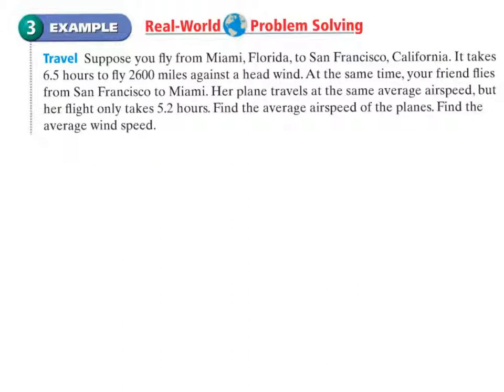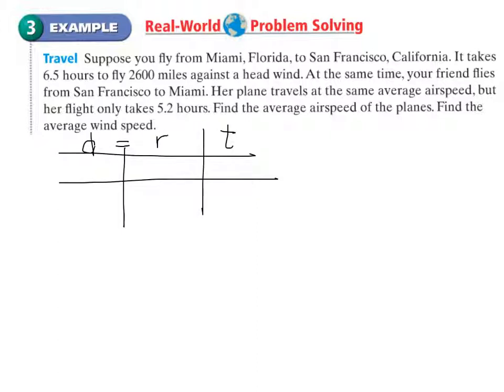So, in this problem, now it's completely up to you what you want to do, but here's how I set these up. This is only for motion problems. And we kind of did this before. Distance equals rate times time. So we are going with the wind and we are going against the wind. Let's figure out what we know.